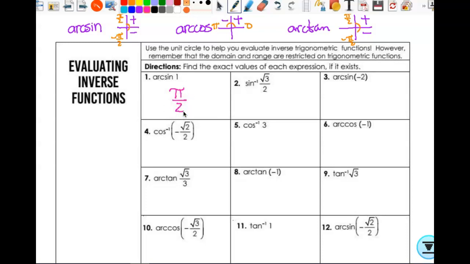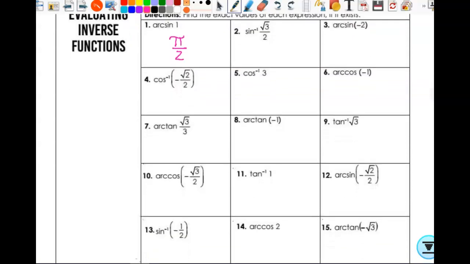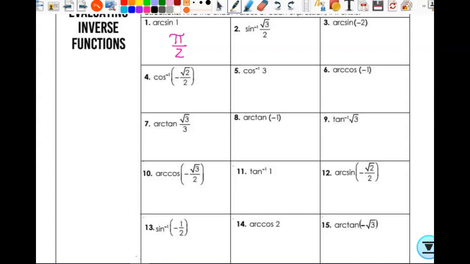Okay. Now, that was a quadrantal angle. Otherwise, I think about what quadrant is my answer coming from, first of all, and then what is the reference angle value, then what is my actual answer, all right? So for number 2, this is a sine inverse of a positive value, which tells me it's coming from the first quadrant. Whether or not you make a note of that, actually write it down, that's up to you, but I'm just doing that so I don't lose you.